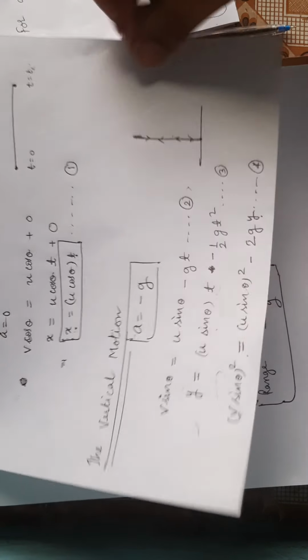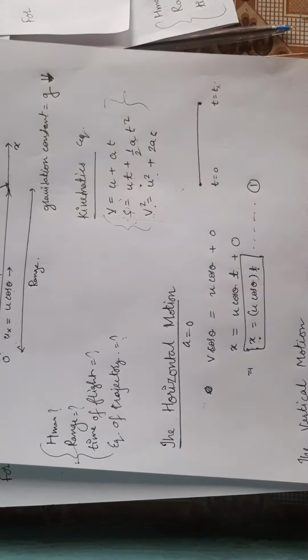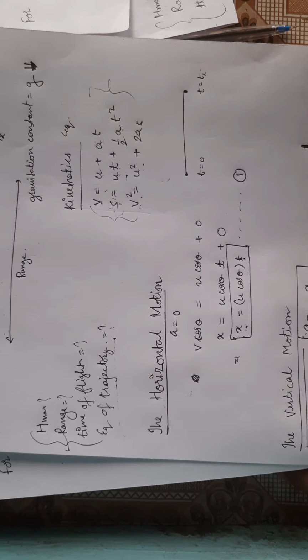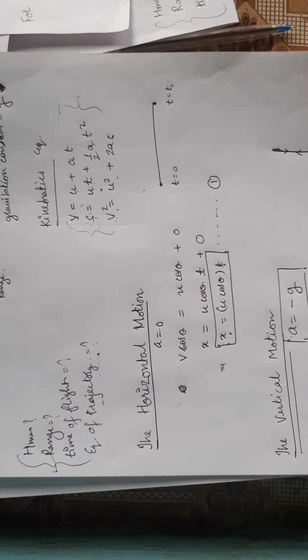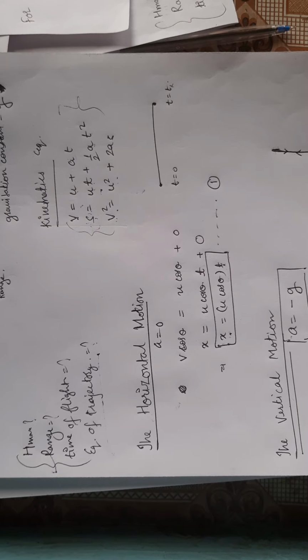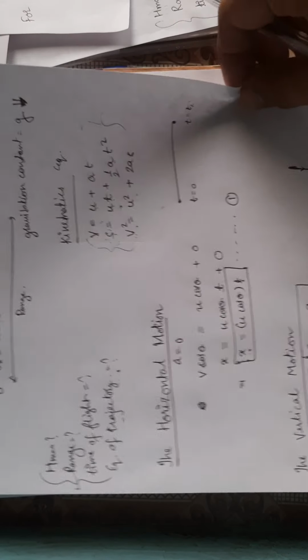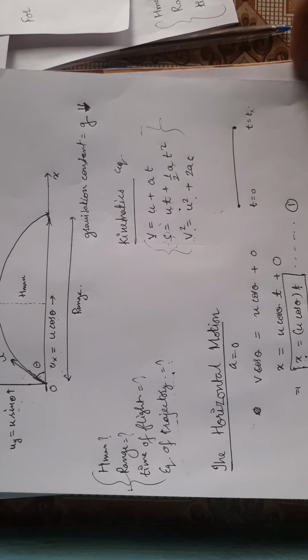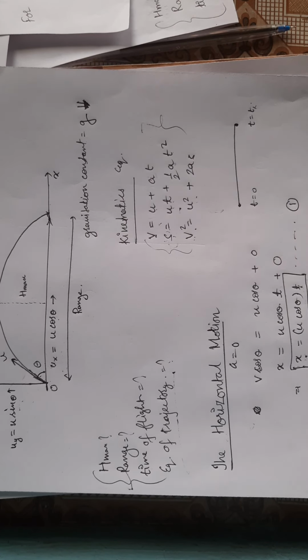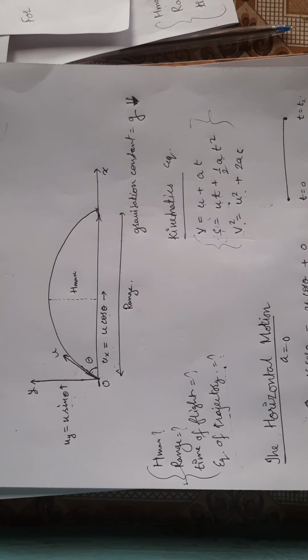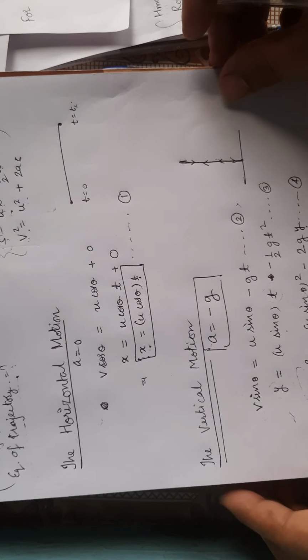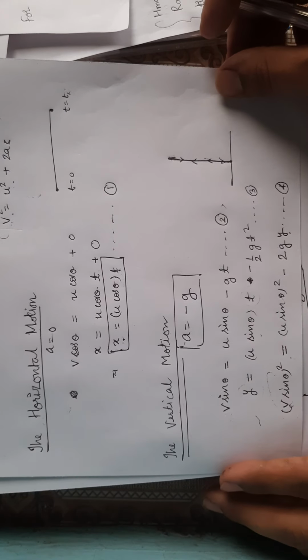So at last, the last thing we have to find out is the equation of trajectory. The equation of trajectory is the equation which describes the whole motion of our particle. That is, we can find the horizontal or the vertical position of the particle at any time instant t. So we use both of the equations of motion.